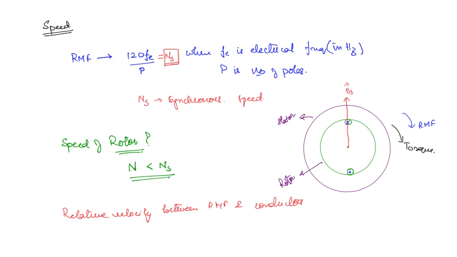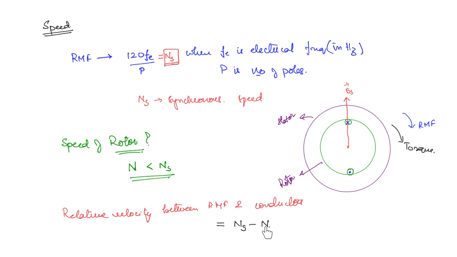What will be the relative velocity? If the speed is n, then the relative velocity between RMF and conductor will be equal to the synchronous speed minus n, because synchronous speed will be greater. So when both are moving with different velocities in the same direction, then the relative velocity will be the difference between the two, ns minus n.